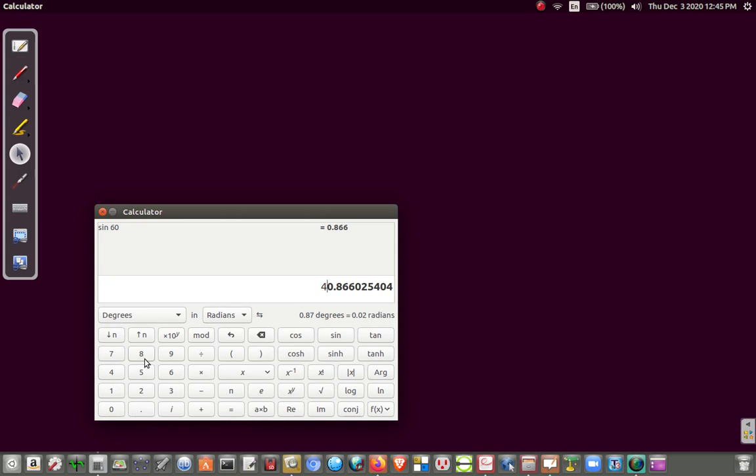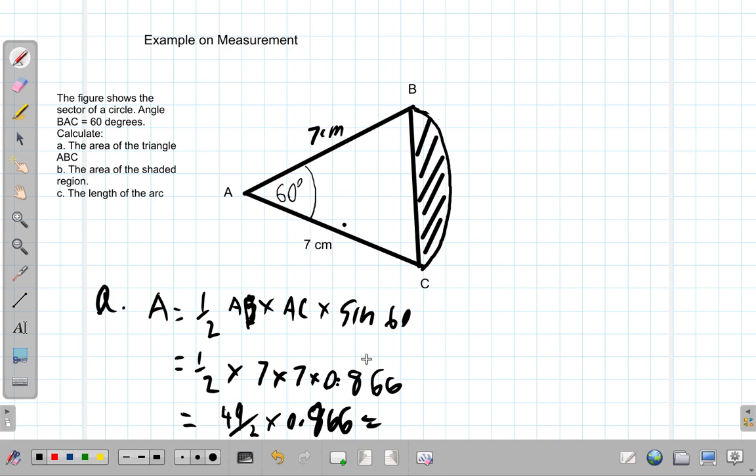I'm going to put the 49 over 2 in brackets to make sure no mistake is made. It equals 21.22, using 2 decimal places, centimeters squared.